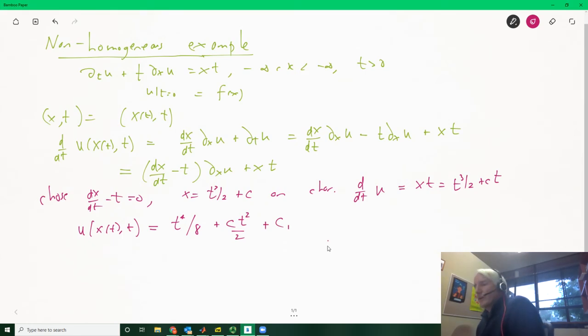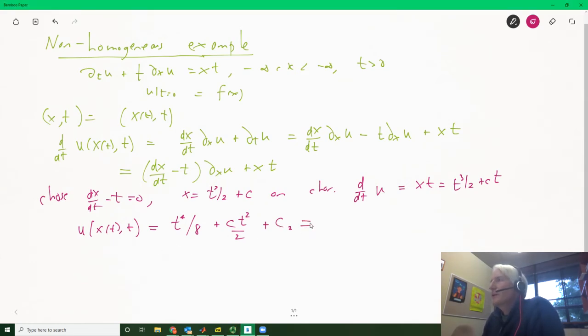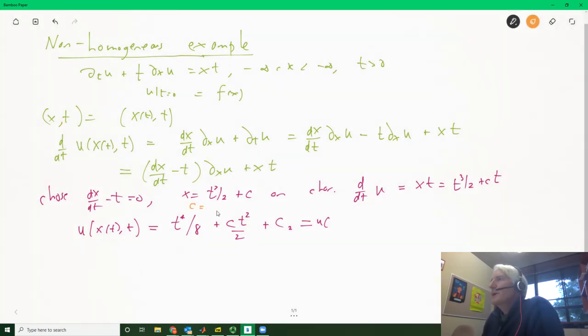Okay, I'll just see here that I called it C2, and I'll stick with the notation here, C2. Then, rearranging this equation here, c must be equal to x minus t squared over 2.